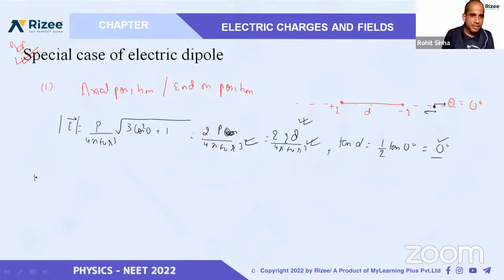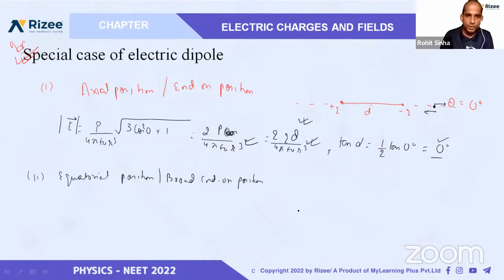The second special case we are dealing with is the equatorial position, or it is called the broad end-on position.